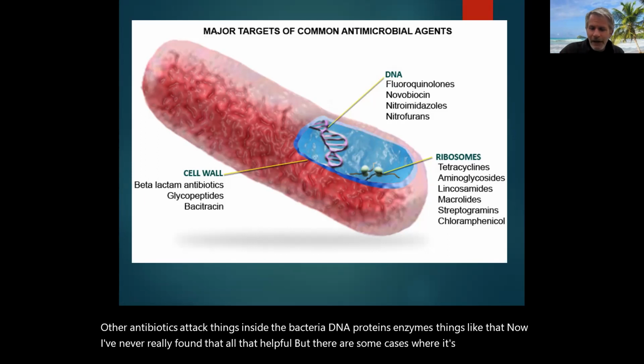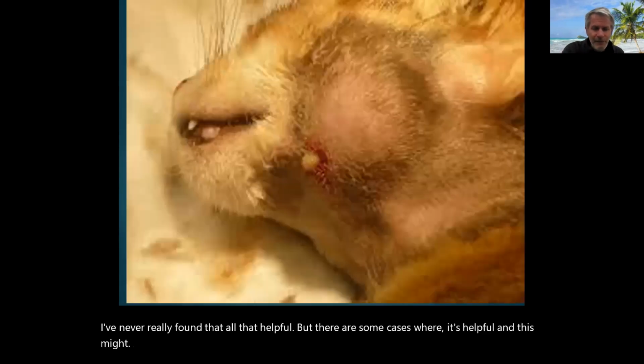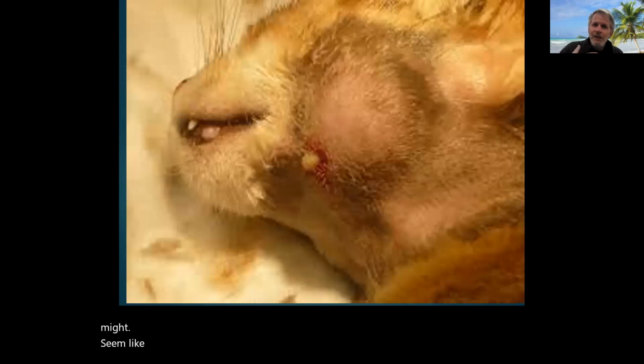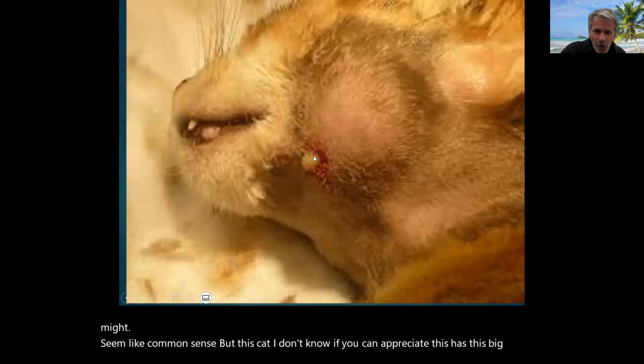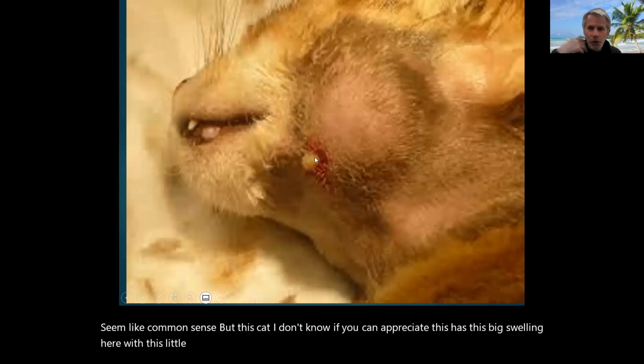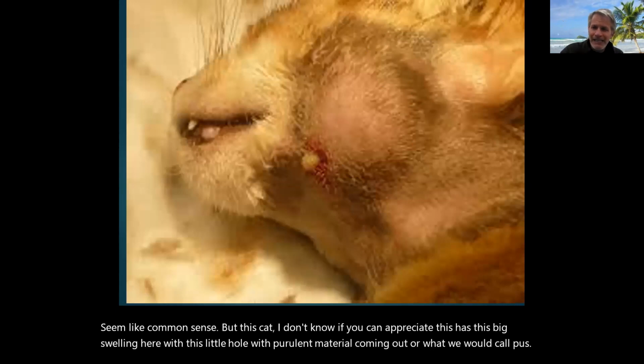And this might seem like common sense, but this cat, I don't know if you can appreciate this, has this big swelling here with this little hole with purulent material coming out, or what we would call pus. Well, this is a cat bite abscess.